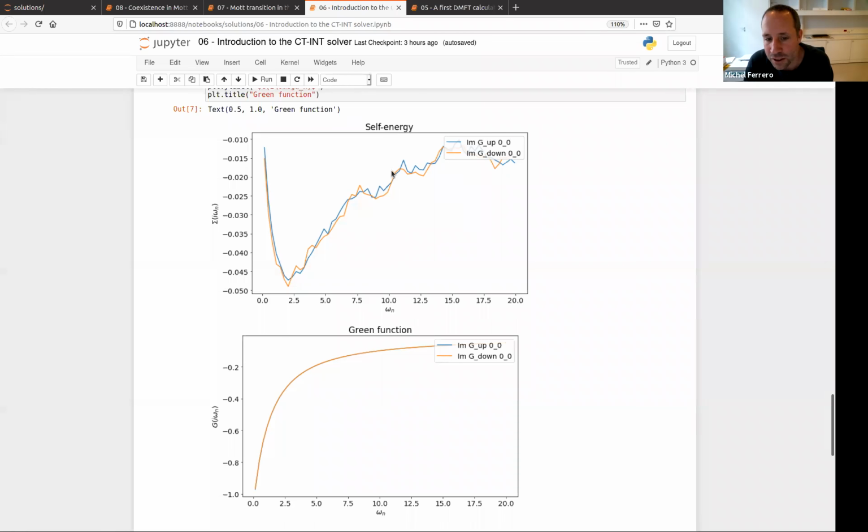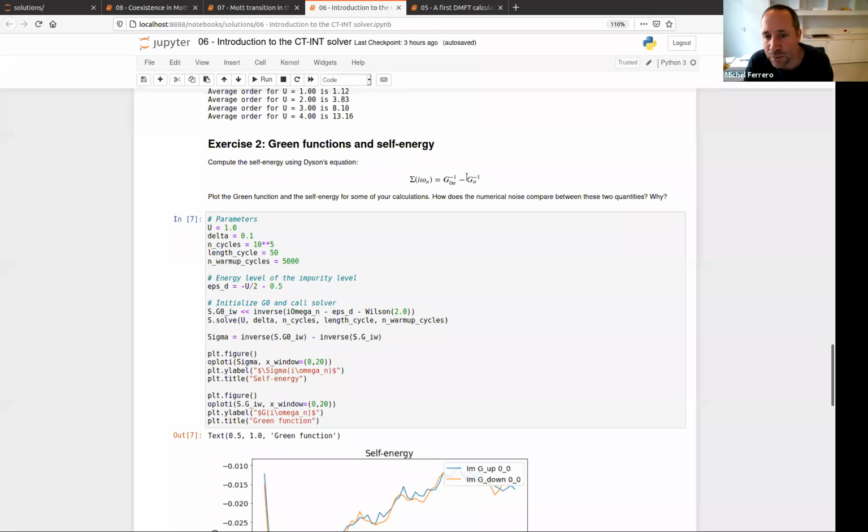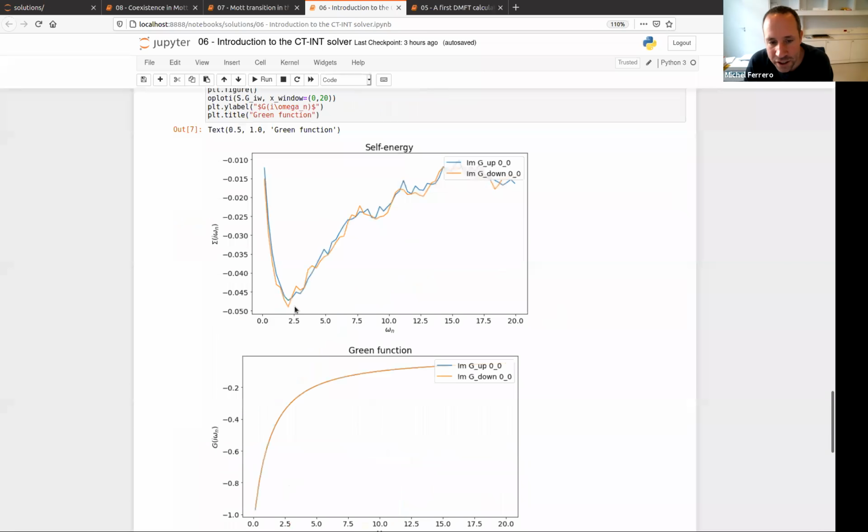Those two contain the same information, but because the self-energy appears as a ratio, G is something like 1 over something minus sigma, G in general has a lot less noise than the self-energy. And in the self-energy, you really see your statistical noise.